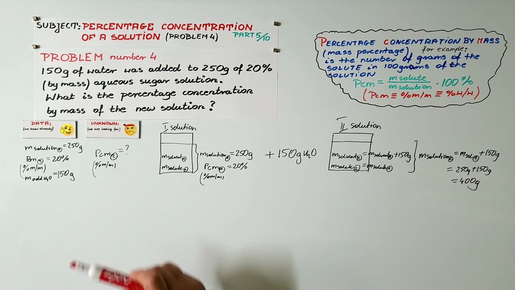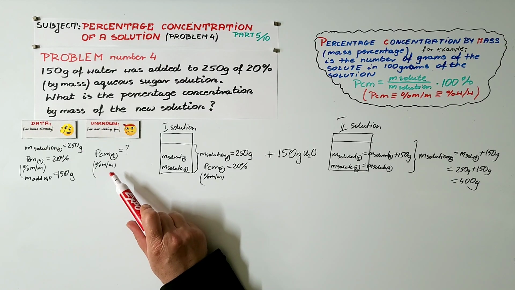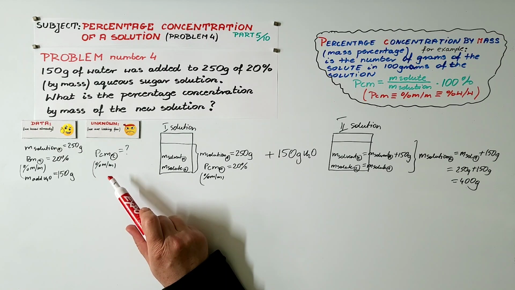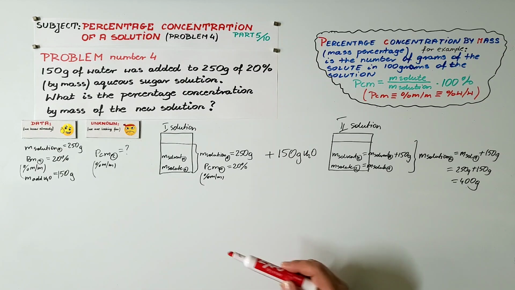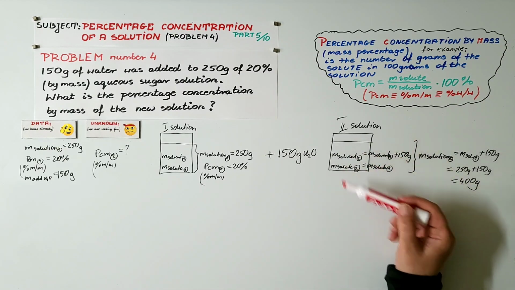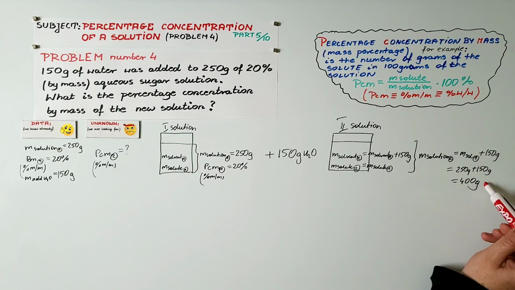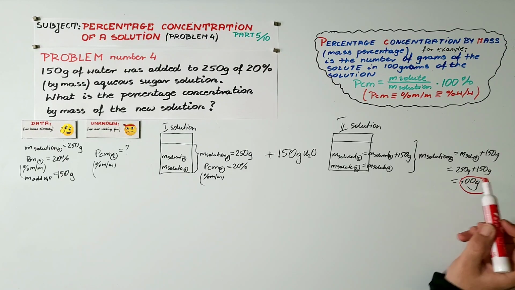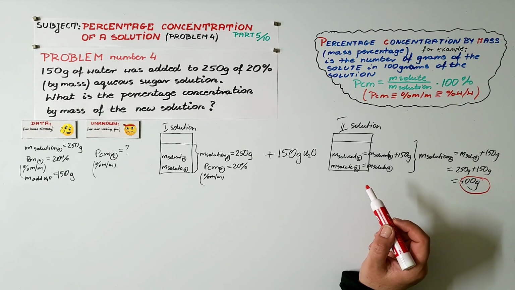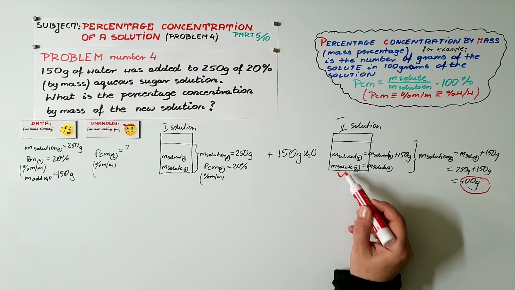To calculate percentage concentration by mass in the second solution, we need to know mass of solution 2, which we know already. And we need to calculate mass of solute 2.